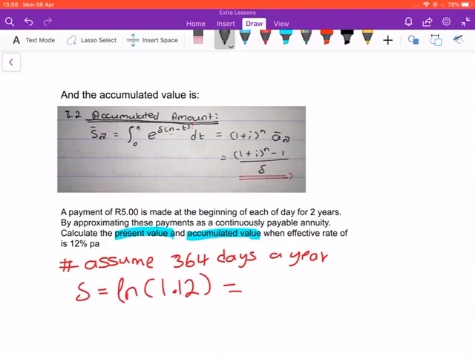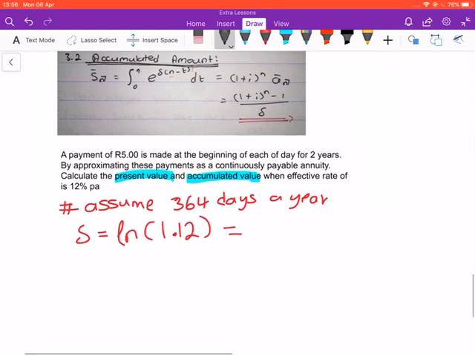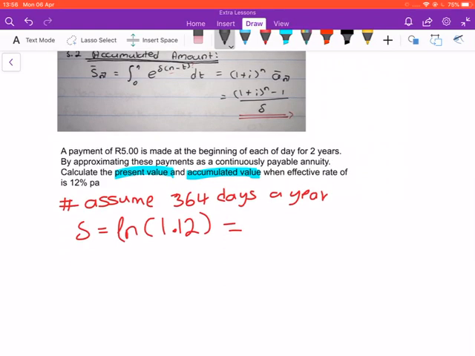Let's just assume that for now. So how do you calculate the force of interest? That is ln of 1.12. So because of the 12%, you get 11.33 percent. So that's your delta, or the force of interest.